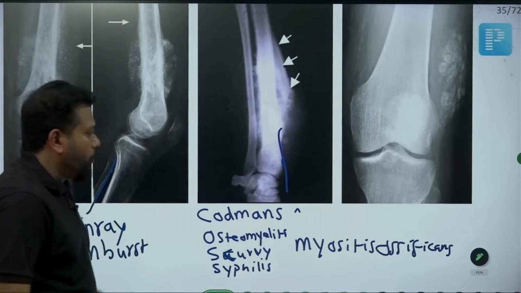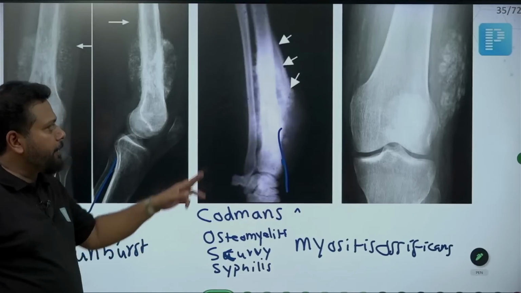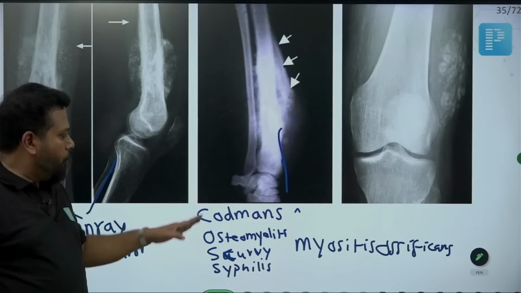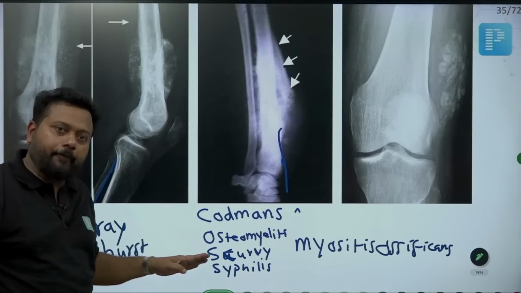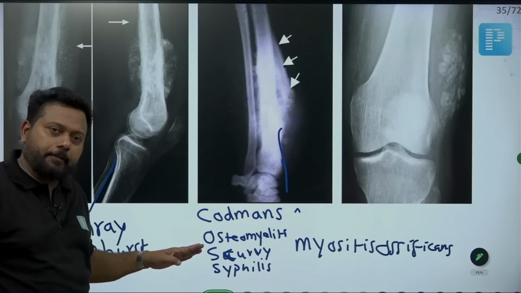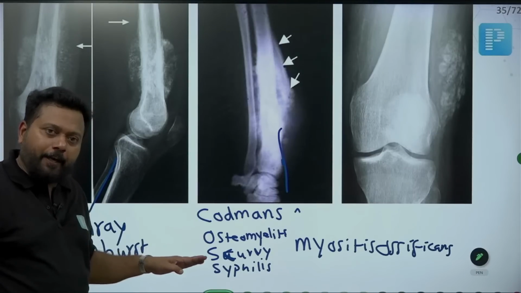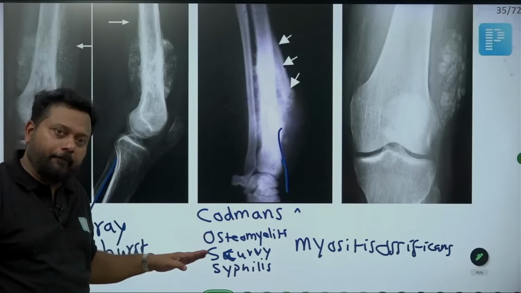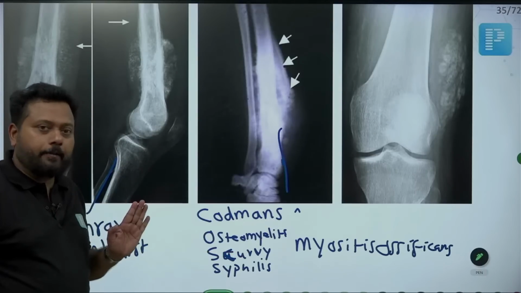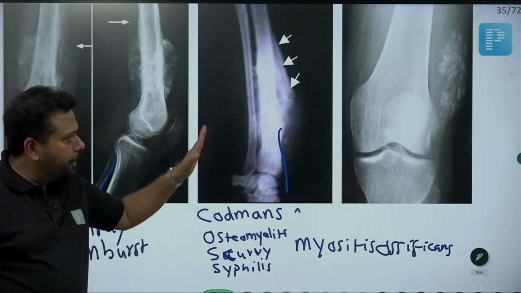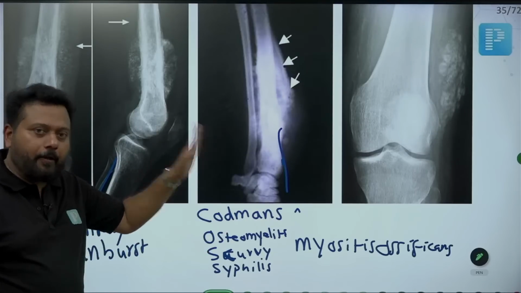Okay, so whenever you see a periosteal reaction, an elevated periosteum like this, 4 things should cross our mind, dear friends: osteomyelitis, scurvy, syphilis, especially congenital syphilis, and myositis ossificans. All these will cause elevation of periosteal reaction.